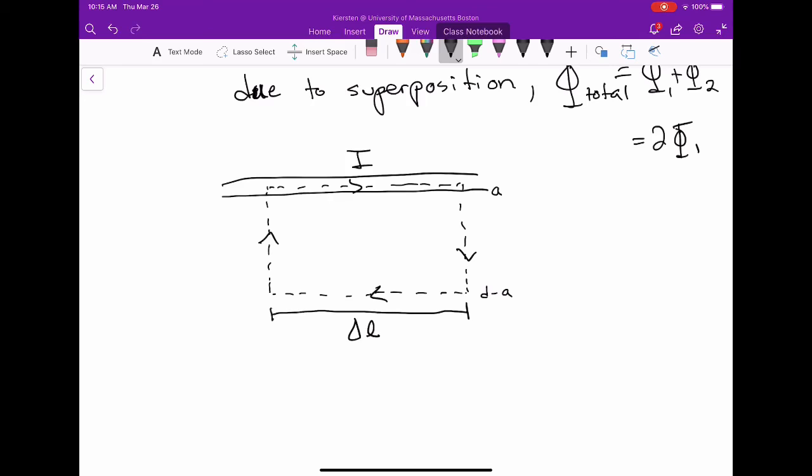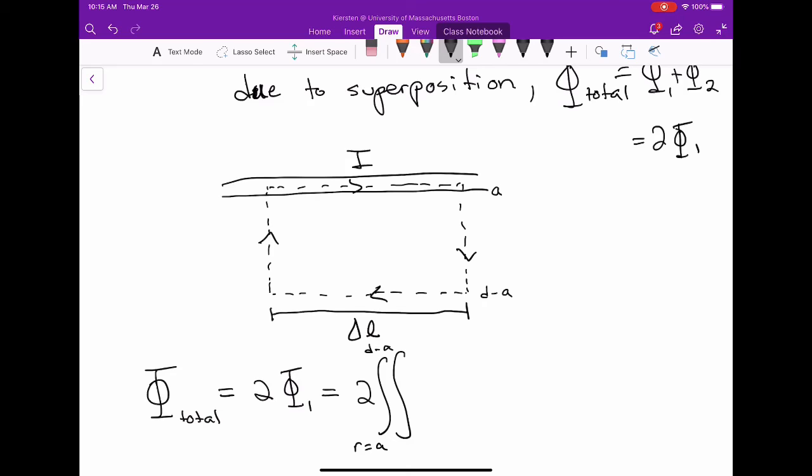The way that we set up this integral then is that the total flux is equal to 2 times flux due to wire 1, which is 2 times the integral from r equals a to d minus a, and z equals 0 to delta L. You can choose whatever start point you want, but 0 is always a nice easy one, of B dot dS.